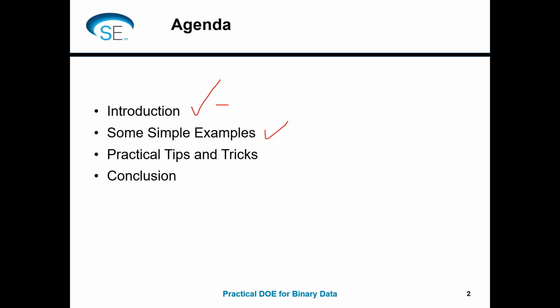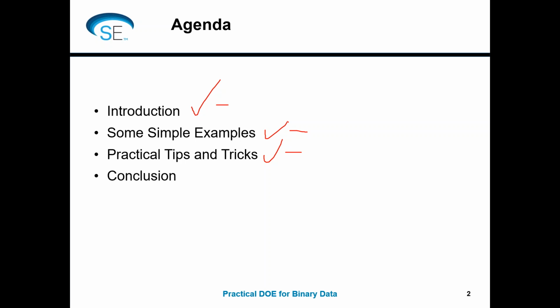Afterwards, I'll go through two simple examples: a response surface example as well as a mixture experiment. Later, I'll talk about some tips and tricks that you can use when you're off on your own designing experiments for binary data. There's lots of resources available, lots of books, lots of articles on how to analyze binary data.